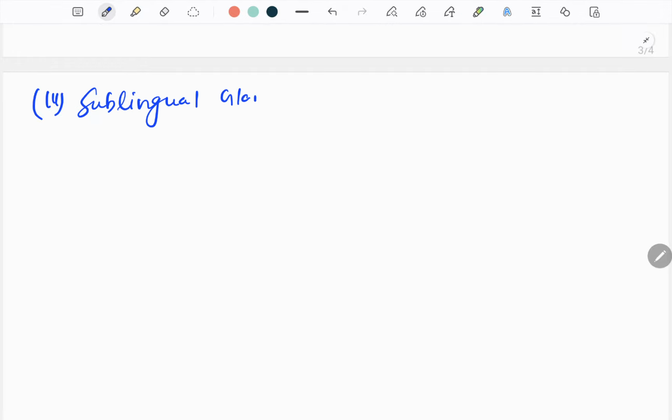Now coming to the last type of salivary glands. Number 3, sublingual glands. They lie below the tongue.